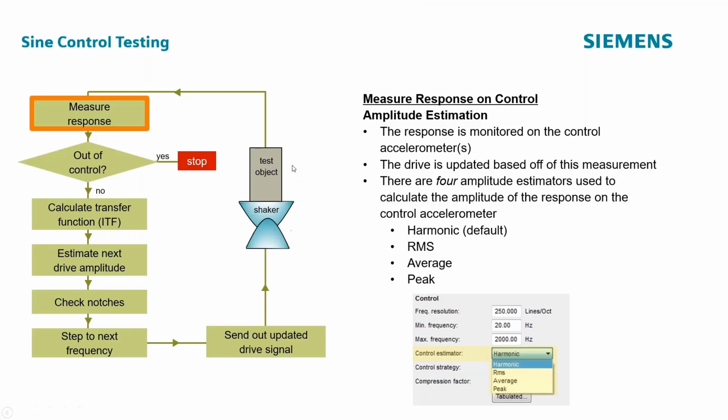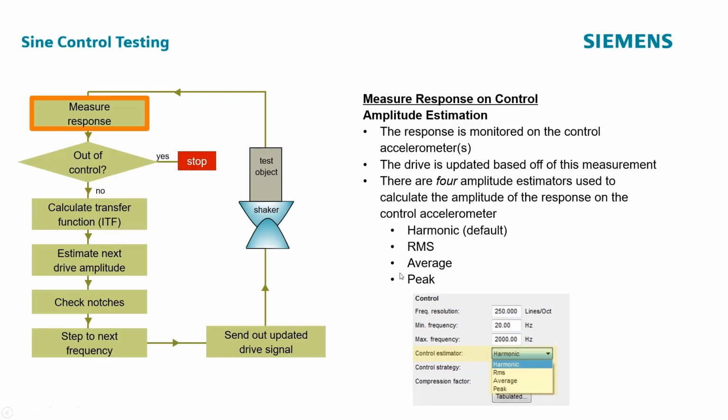The way the control loop works is we have our test object. We're taking in this control signal, we measure the response, and then we do some amplitude estimation. And essentially what this is all about is you never have a perfect sine wave when you do this test.